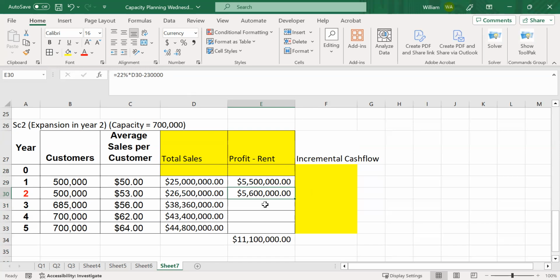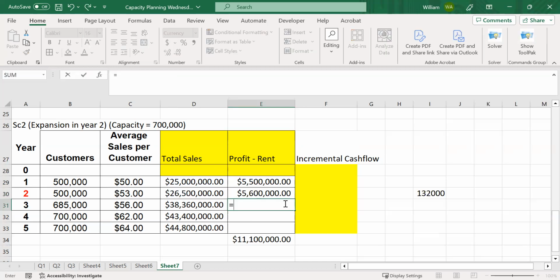Next, in year three, the only cost that I'll incur is now the rent, and my rent is going to be $11,000 a month, multiplied by 12 months in a year. So my annual rent is going to be $132,000. Okay, so I will have my profit here equal to 22% times the total sales, and I will subtract the rent we're paying.